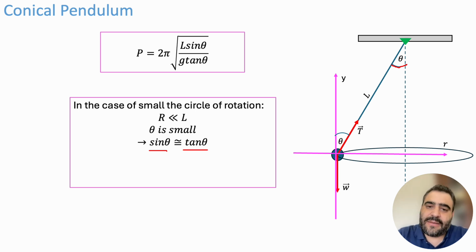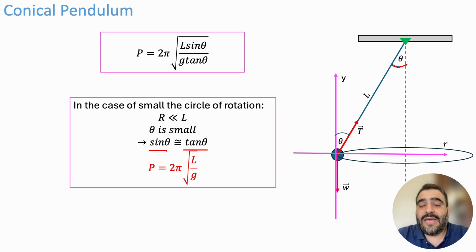And this is actually an approximation valid up to an angle like 10 degrees. So it's not a bad approximation. And when we do that, sine theta and tangent theta cancel out, and the period becomes equal to 2 pi square root of L over g. So it only depends on the length of the wire and gravity.